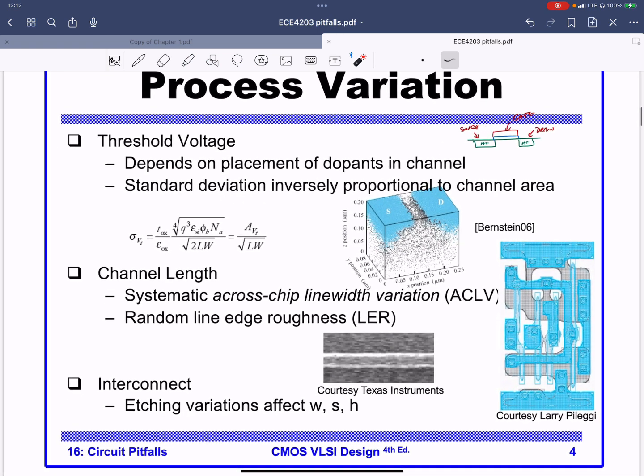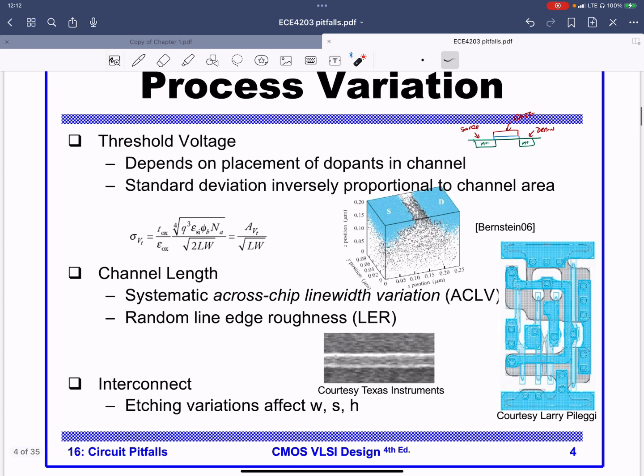The other thing that can vary both randomly and systematically is the channel length of the transistors. The systematic variation across the chip is caused by the lithography process. If you remember back to our lecture on how these devices are made, it was a printing process using masks.